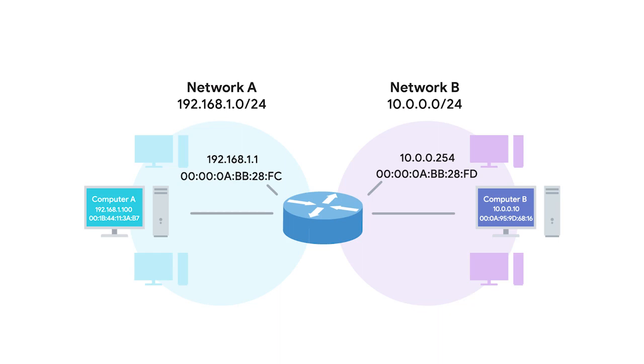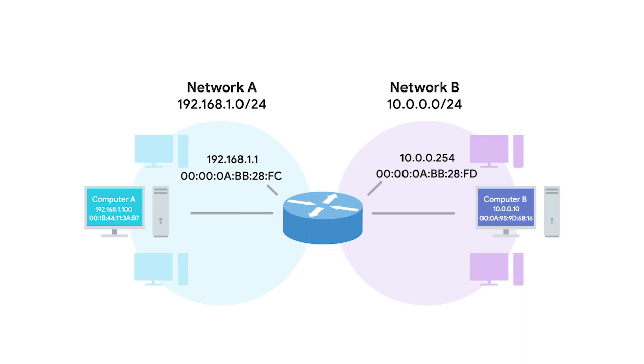That's a pretty basic example of how routing works, but let's make it a little more complicated and introduce a third network. Everything else is still the same. We have network A, whose address space is 192.168.1.0/24. We have network B, whose address space is 10.0.0.0/24.